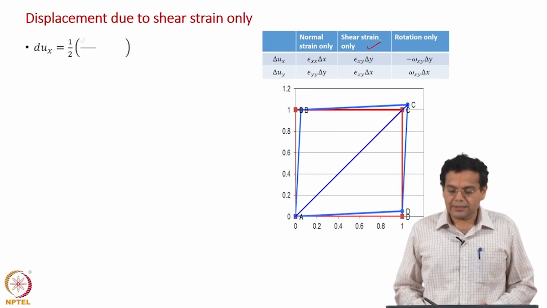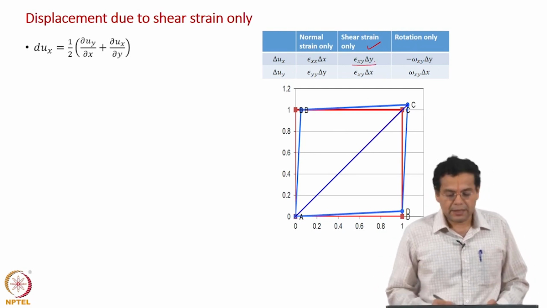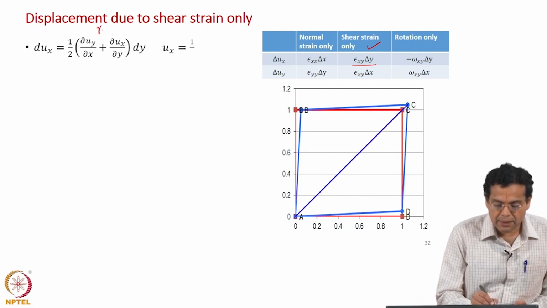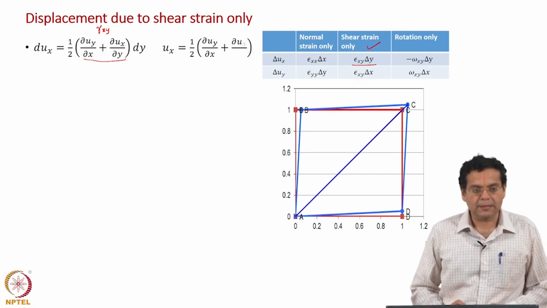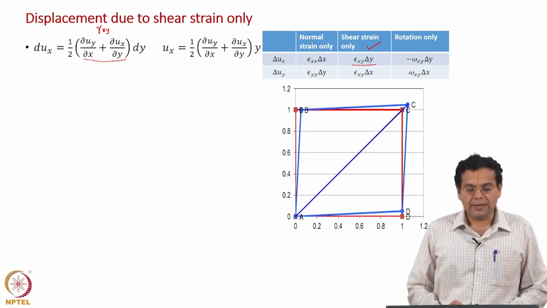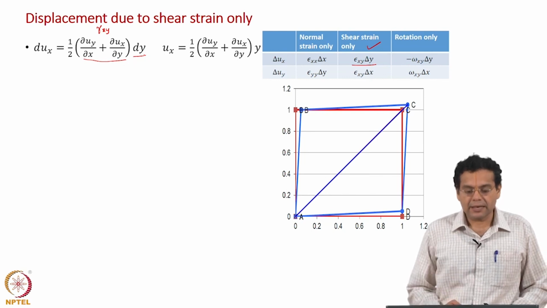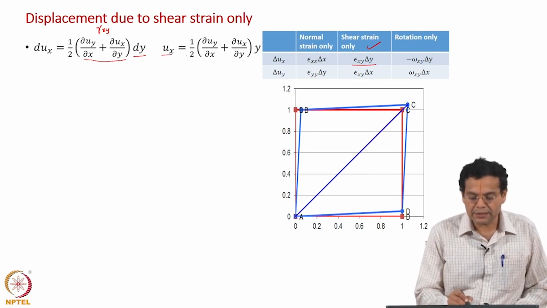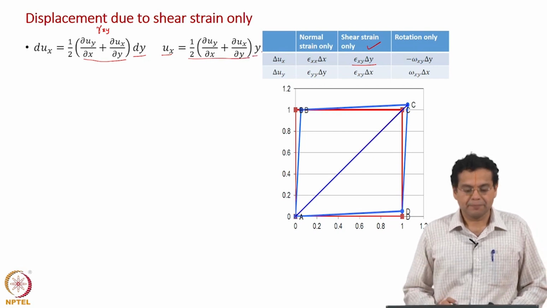Now, dux is equal to epsilon xy into delta y. Remember, epsilon xy is gamma xy by 2, and this expression for gamma xy multiplied by half into dy, and like in the earlier case we write this as ux is equal to the sum of these derivatives into y.